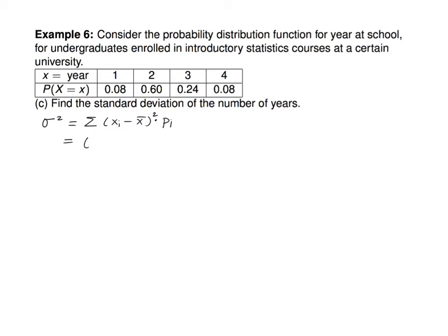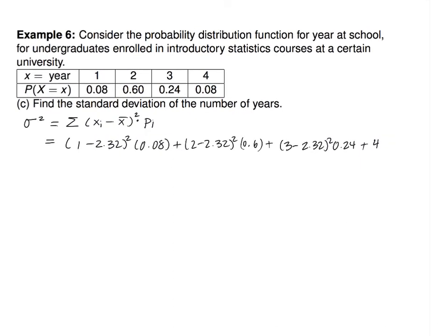So we have 1 minus 2.32 squared with probability 0.08 plus 2 minus 2.32 squared, probability 0.6 plus 3 minus 2.32 squared, probability 0.24, and then finally 4 minus 2.32 squared, probability 0.08.